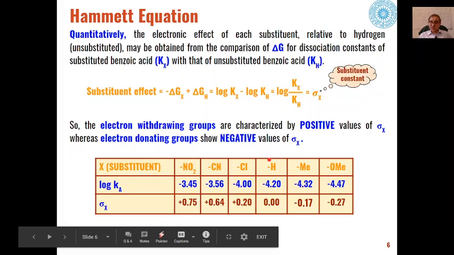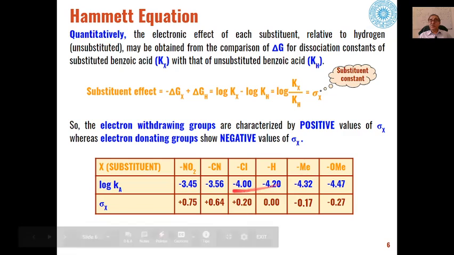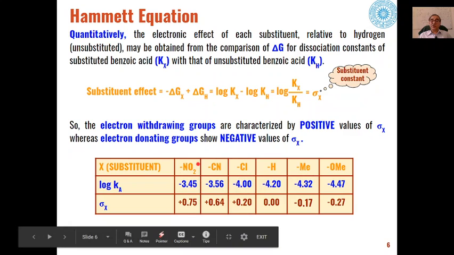Similarly, this is the value for unsubstituted, and these are the values for substituted. These are electron donating groups, and these are electron withdrawing groups. From these values we can calculate the substituent constant for each type of substituted benzoic acid. For para-nitrobenzoic acid, for example, this minus this comes out to be plus 0.75.